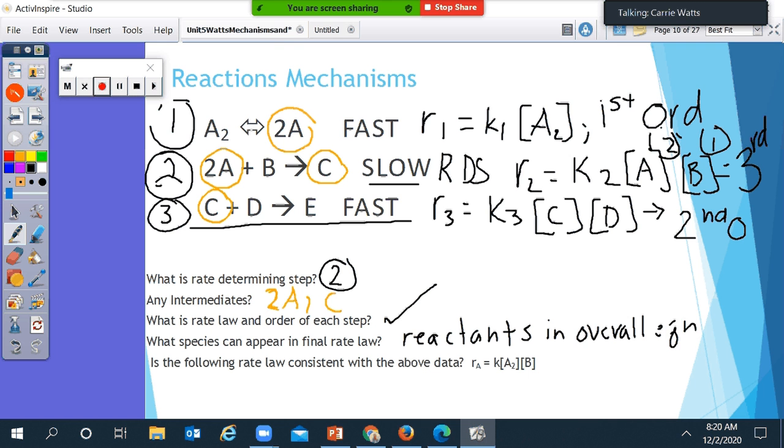In our overall equation, what's left, I'm going to underline in red, would be A2 plus B plus D yields E. So if they're asking for the actual species, it would just be A2 and B because of the rate determining step. But if they're asking generally, A2, B, or D could have gone in if we had to substitute or something.